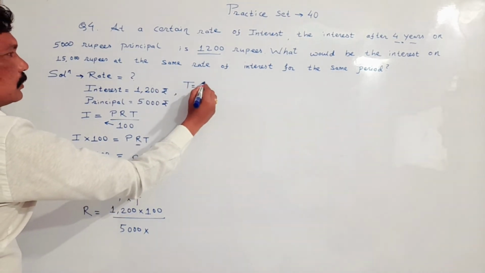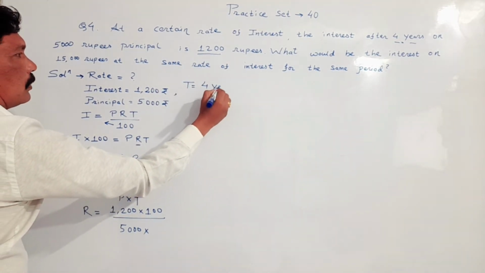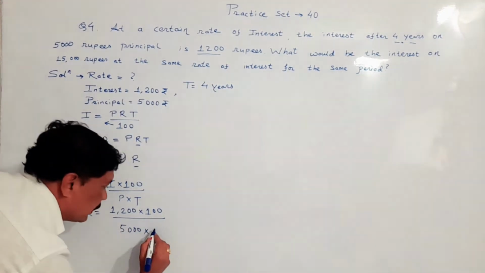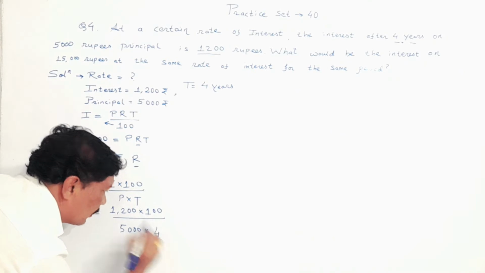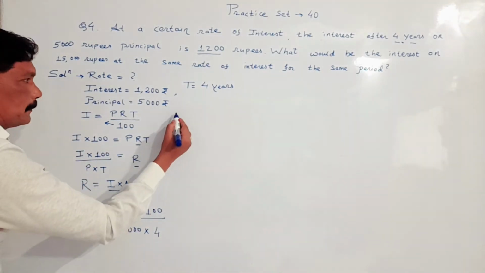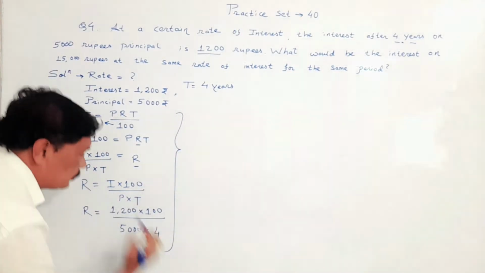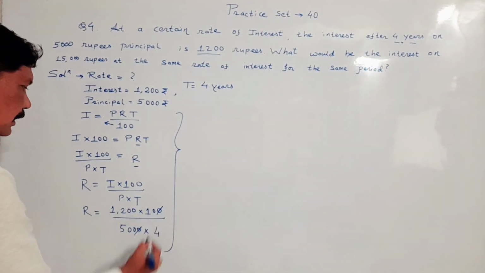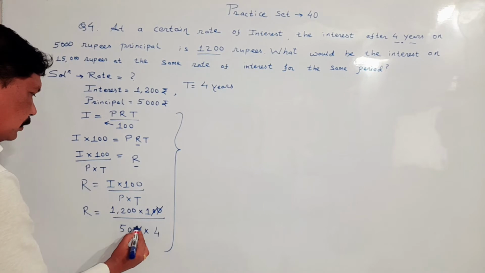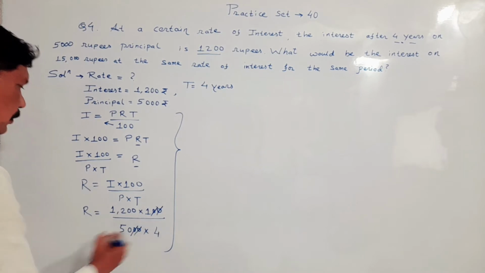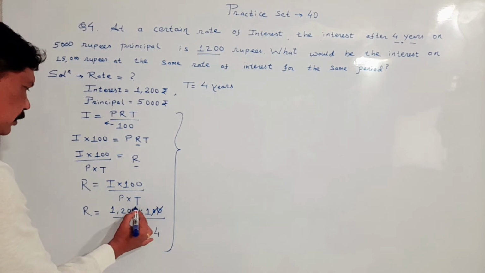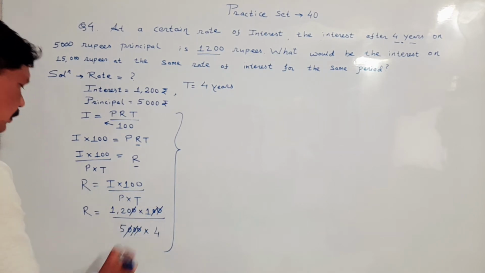T is equal to 4 years. So we will put time which is given as 4 years, here 4. 0, 0 cut, 0, 0 cut. My dear student, again one more 0 we can cut, 0, 0 cut.